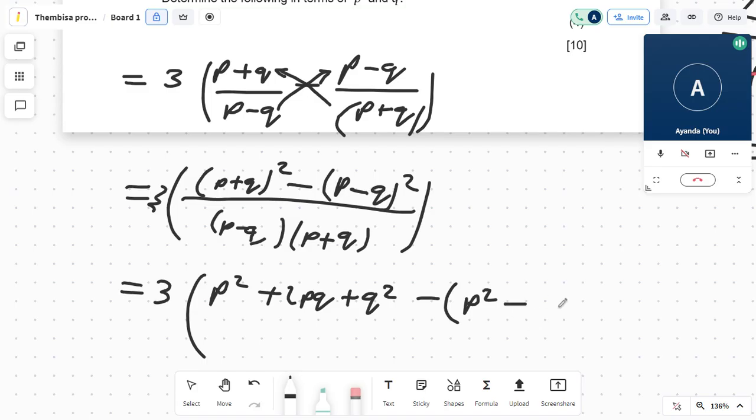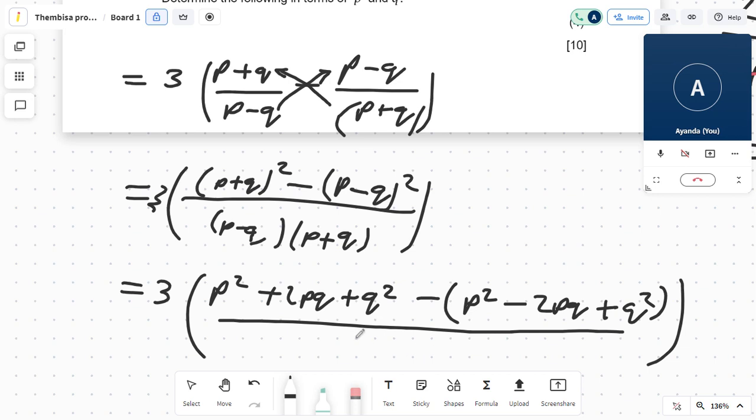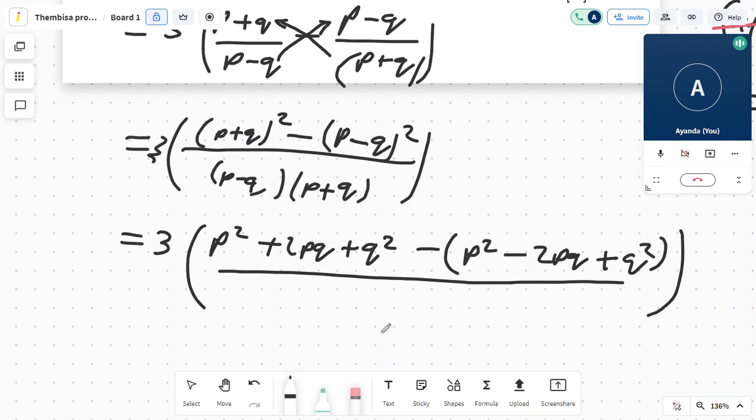So this is going to be minus 2pq. And negative q squared is just positive q². I'm going to close that bracket. And we can leave our denominator as it is for now, as (p − q) times (p + q).